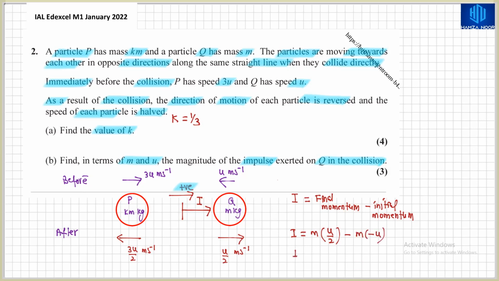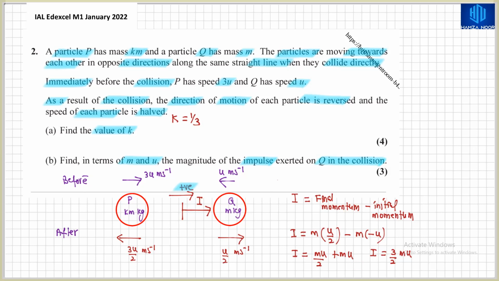So the magnitude of the impulse will be mu over 2 plus mu, which means half plus 1, which is 3 over 2. So impulse will be equal to 3 over 2 multiplied by mu. This is the magnitude of the impulse exerted on Q in the collision.